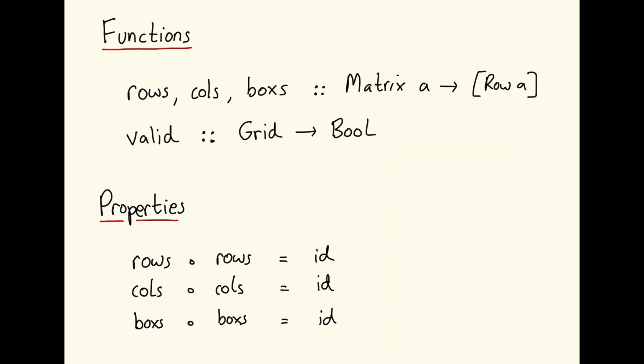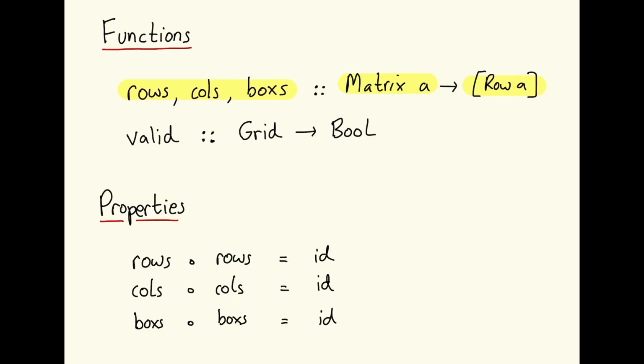Then last day we also defined some simple functions as well. We defined 3 functions called rows, columns and boxes, and each of these simply takes a matrix of things and pulls out the corresponding entries as rows. For example, the columns function takes a matrix of things and pulls out each column as a row. As we saw last day, that was just defined by simple matrix transposition.